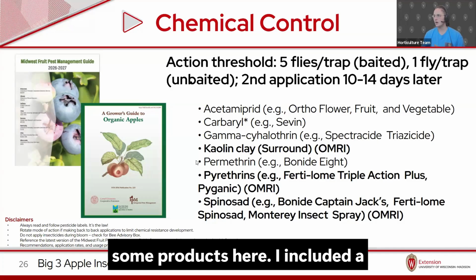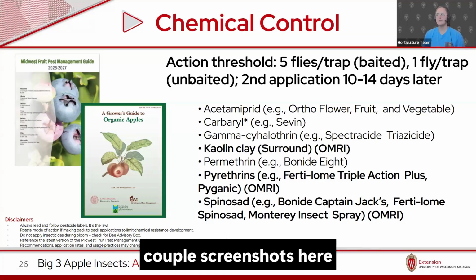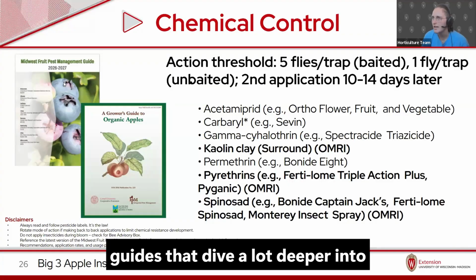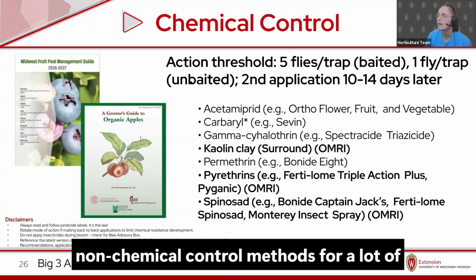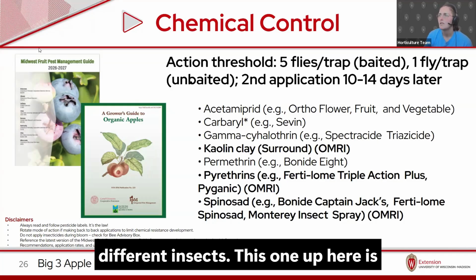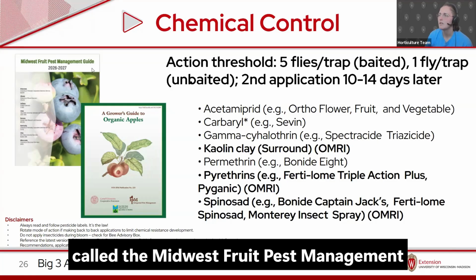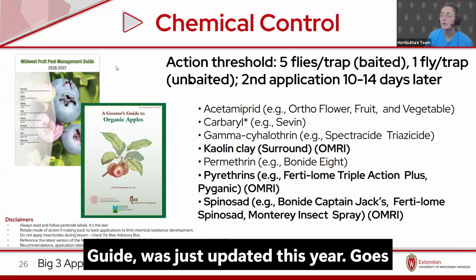So yeah, there are some products here. I included a couple screenshots here of these 2 production guides that dive a lot deeper into chemical control methods and non-chemical control methods for a lot of different insects. So this one up here is called the Midwest Fruit Pest Management Guide, which was just updated this year.